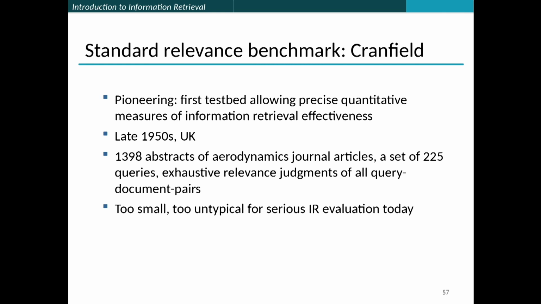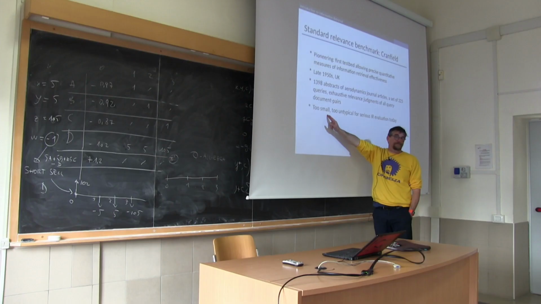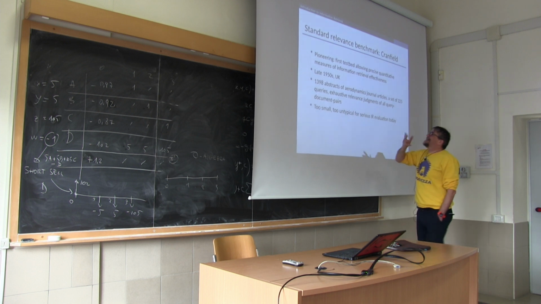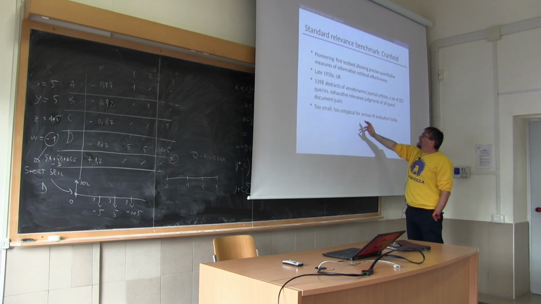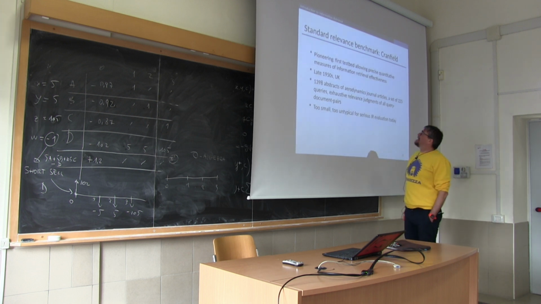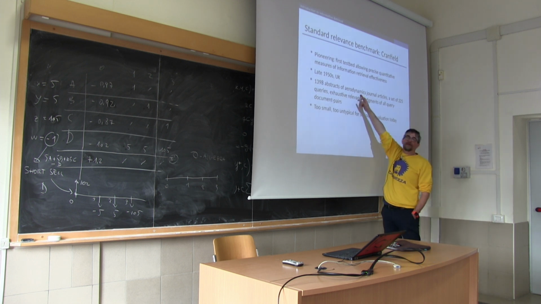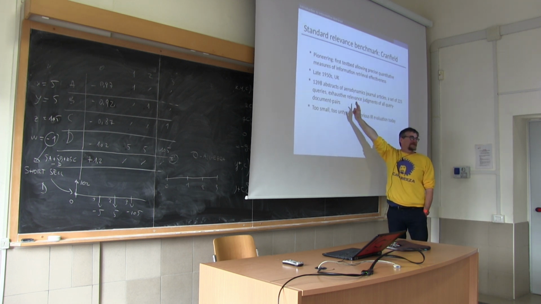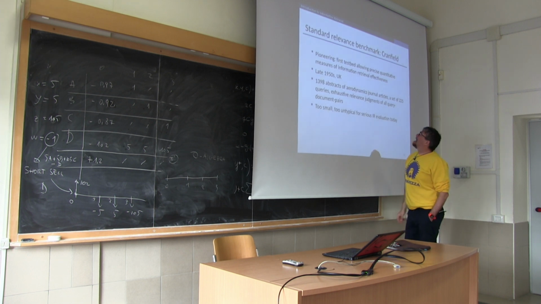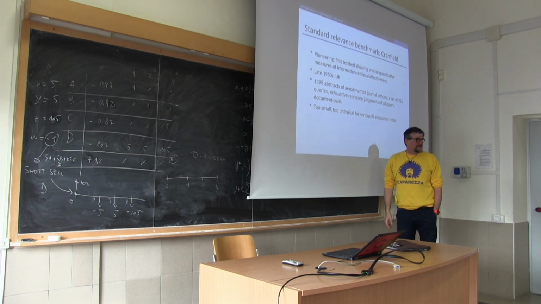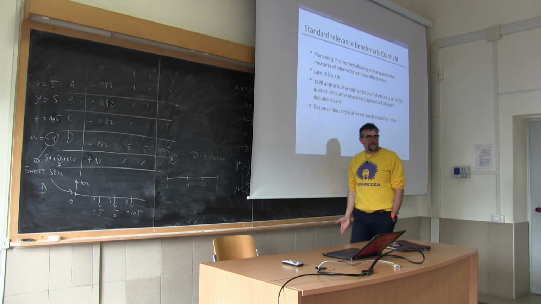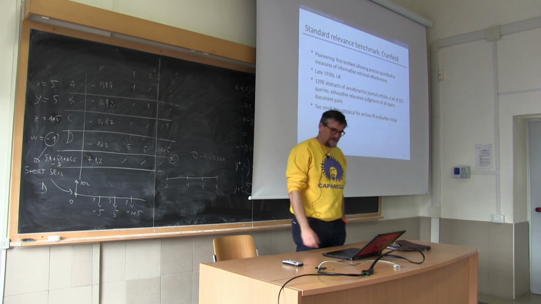The main problem is that it's very small. And it's very, I would say, atypical because, come on, not many users are really interested in aerodynamics. Okay, so this is the main problem of this set.